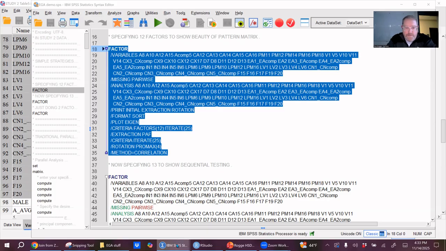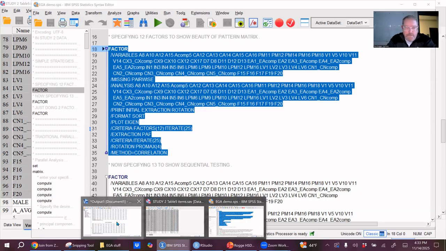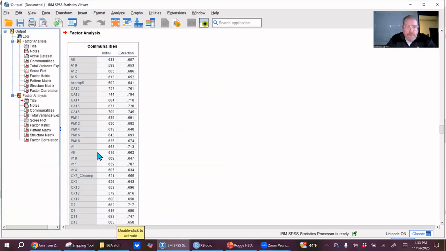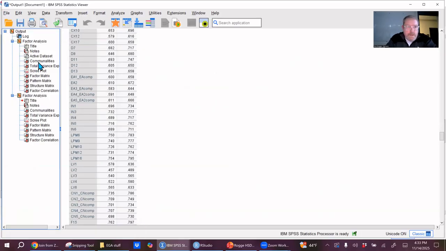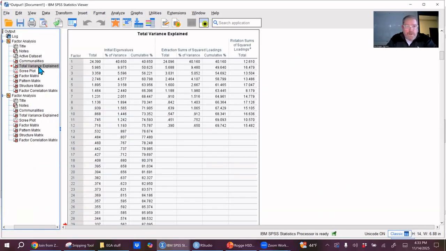When you run it, one of the first tables it gives you is total variance explained. When you run an EFA, you want it to explain at least 50% of the variance. When you extract 12, it explains 75.8.